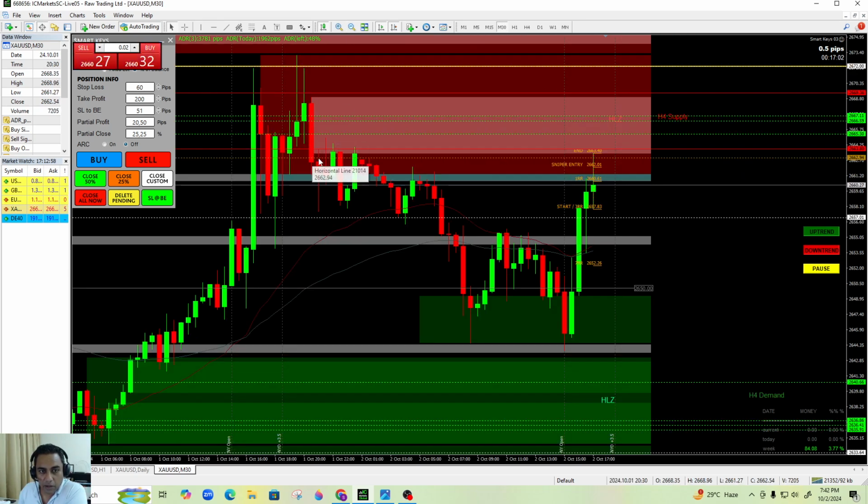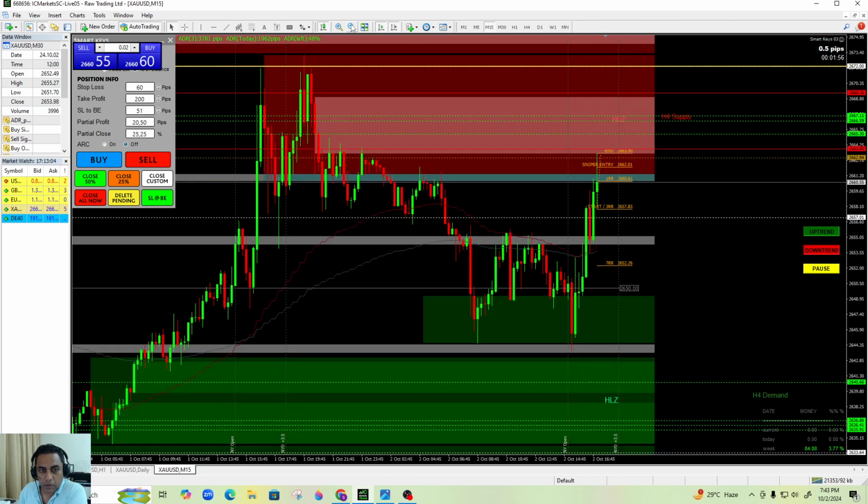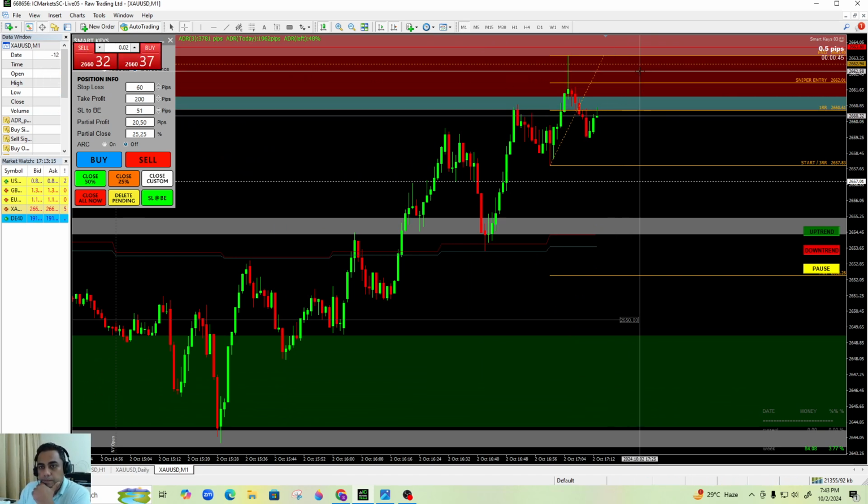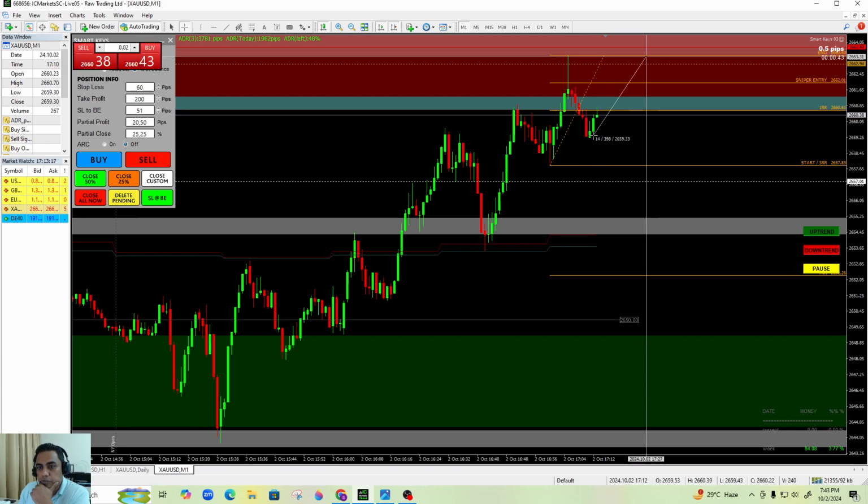This is the M30 candle. Touched it and pushed down. Yeah, perfect. A minute and a half for the candle to close. Dropped about 40 pips.